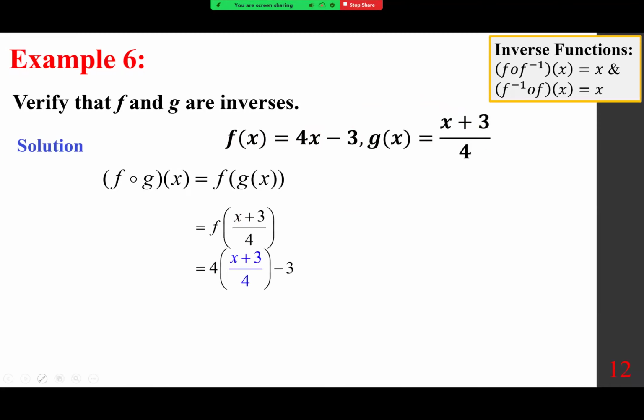And now these two cancel each other. Clearly, we get x plus 3 minus 3, which is x. And that's a proof, and we are done. I want you to know that.